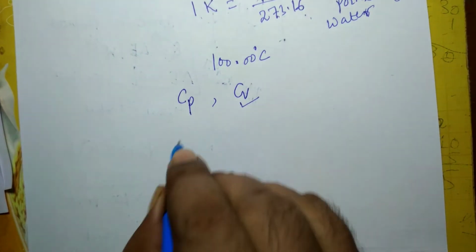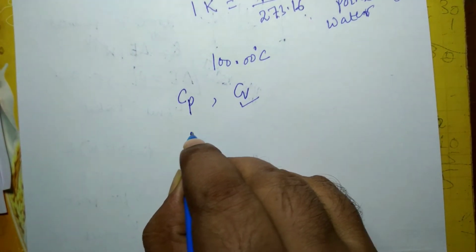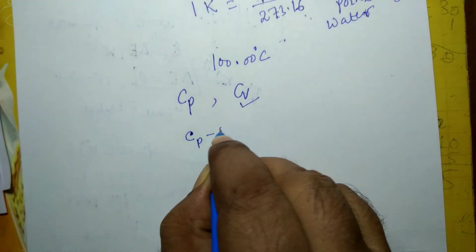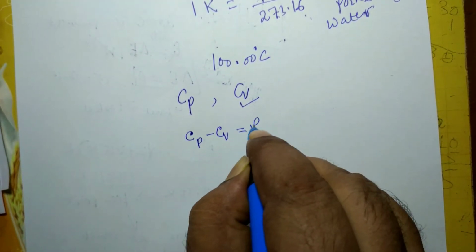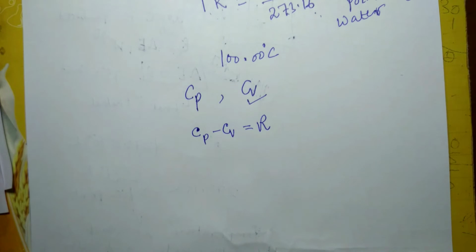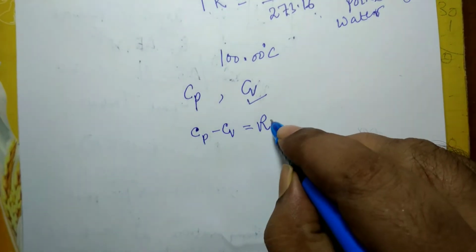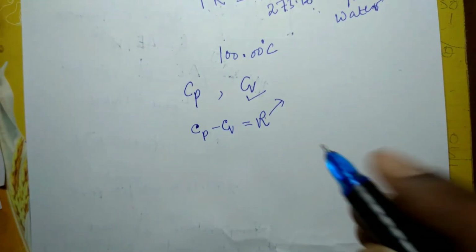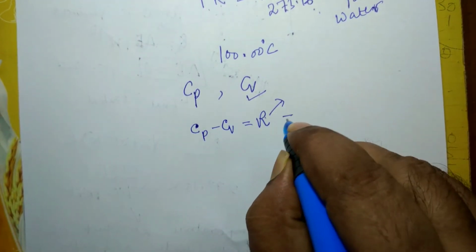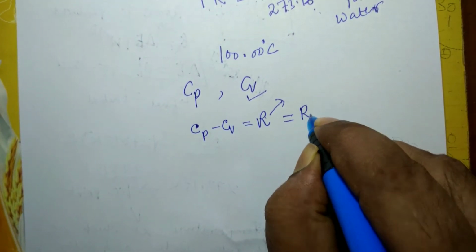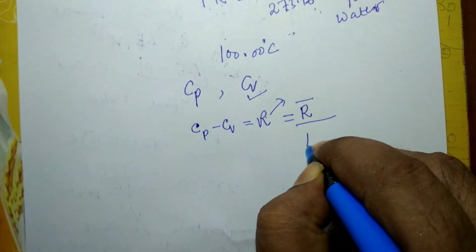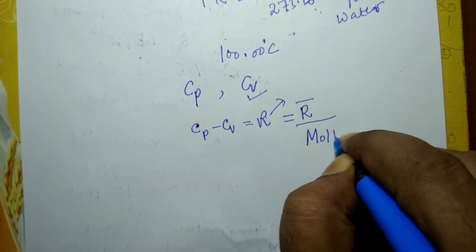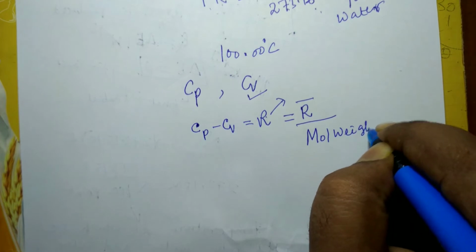We know that for any particular ideal gas, Cp minus Cv is a characteristic gas constant R, which varies from gas to gas, and this R is nothing but R bar divided by the molecular weight of that particular gas.